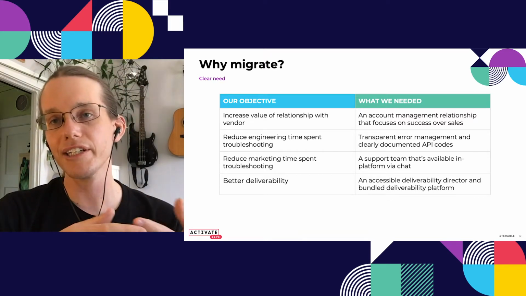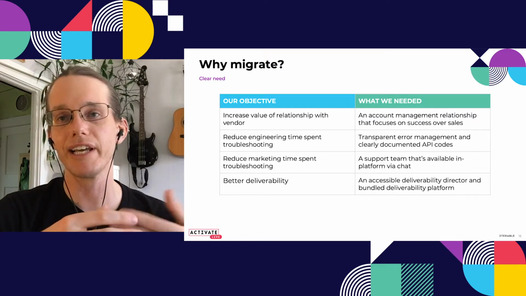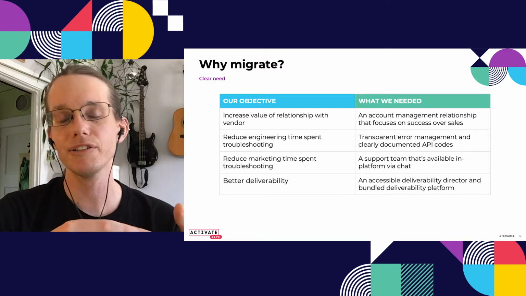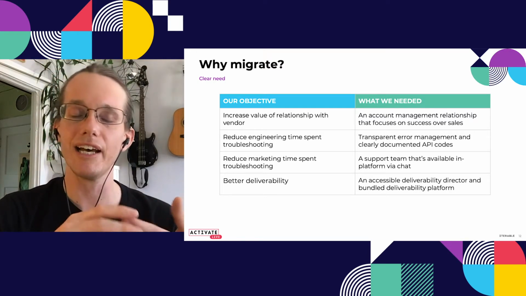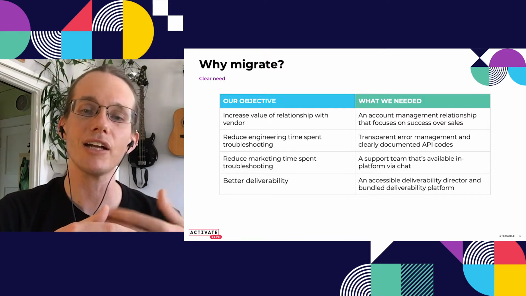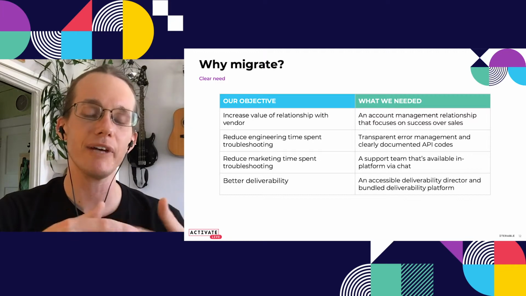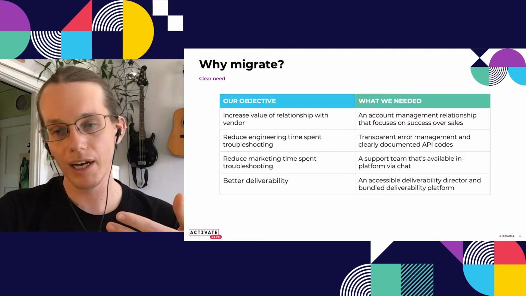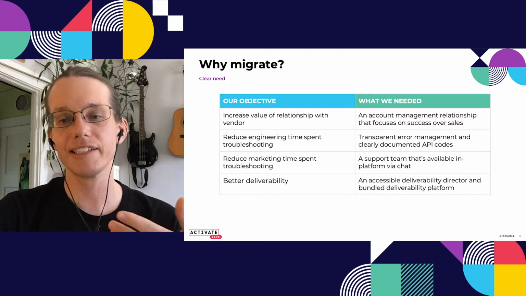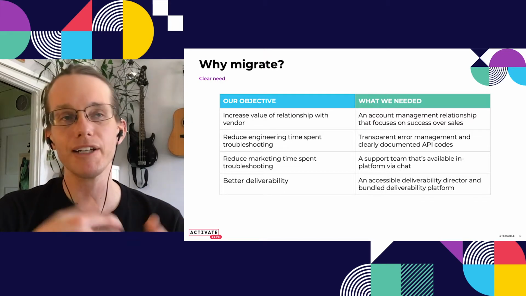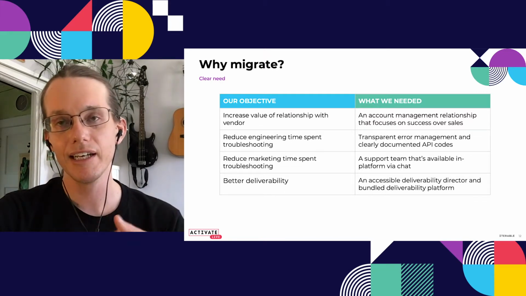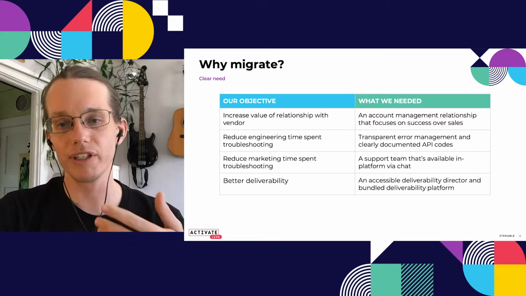On the engineering side, we really needed transparent error management and clear API codes because, like I said, we're really data heavy. We do a lot of event data, a lot of user profiles, and time that we spend troubleshooting is time that we don't spend implementing new features. Also, having access to a support team that could respond to us in minutes versus days was an important need.